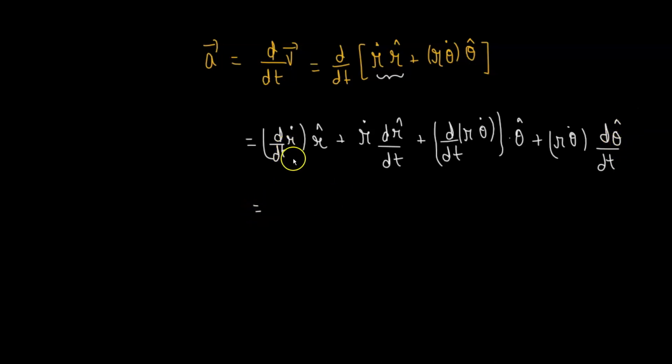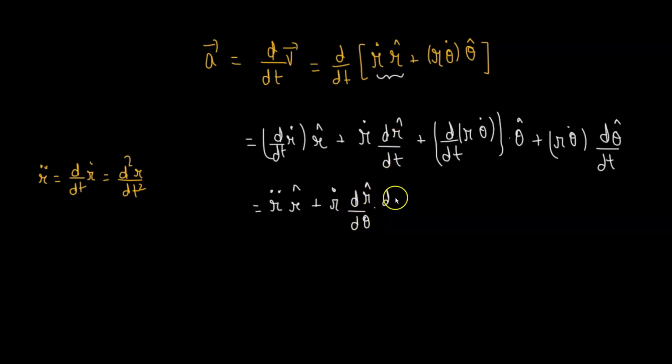So d/dt of r dot will be r double dot. That simply means that we have taken a double derivative. So r double dot is simply equal to d/dt of r dot, or this is equal to d squared r over dt squared. Essentially all of them mean the same thing, times r cap plus r dot. So we have dr cap over dt, so that can be written as dr cap over d theta times d theta over dt. So we've again applied the chain rule.